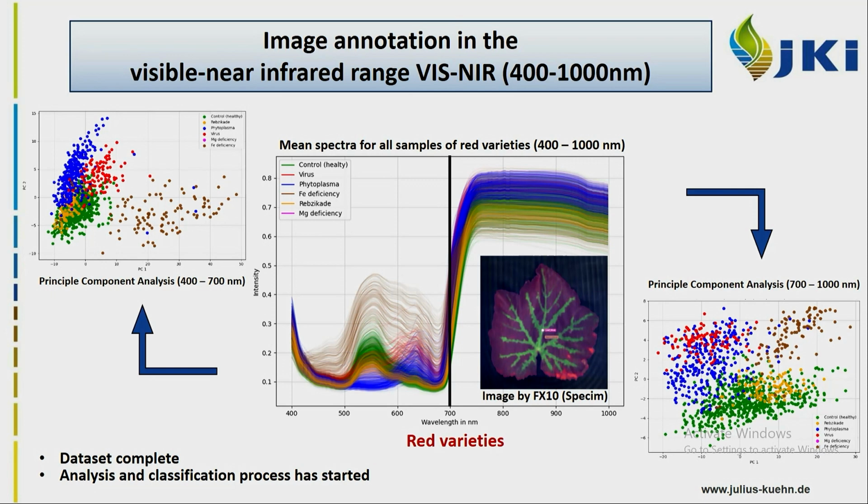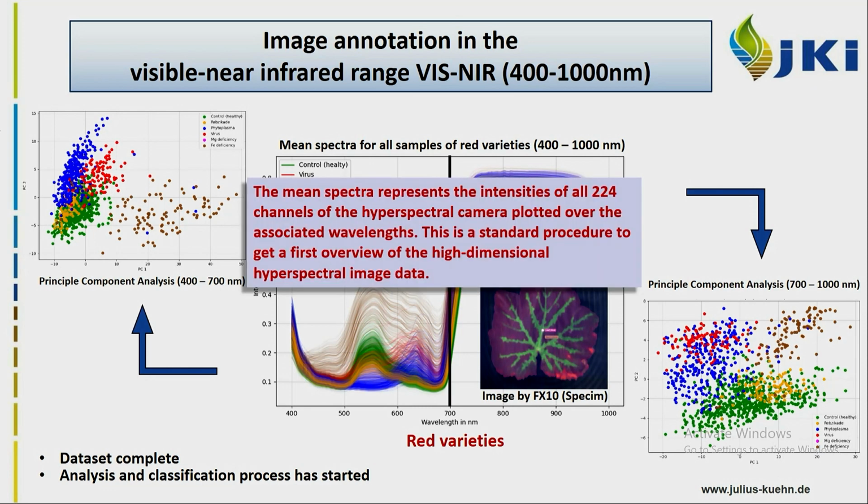By mere observation, you can already recognize that we have differences in the curves of the wavelength. Just to explain, the mean spectra represent the intensity of all the 224 channels of the used hyperspectral camera plotted over the associated wavelength.